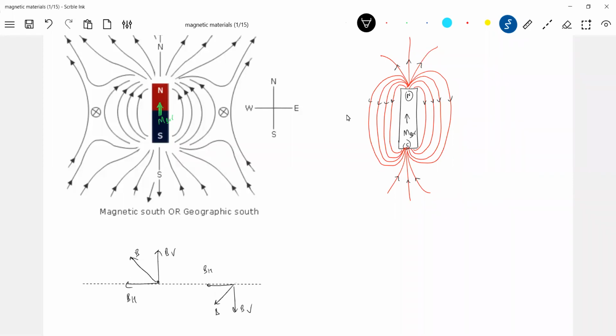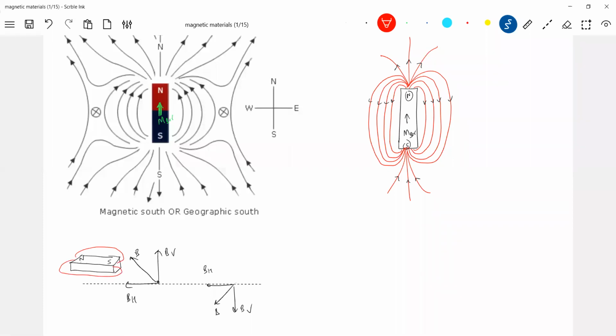Now I'll place the bar magnet here. BH will be towards left, and the lines of force due to the bar magnet will be like this.